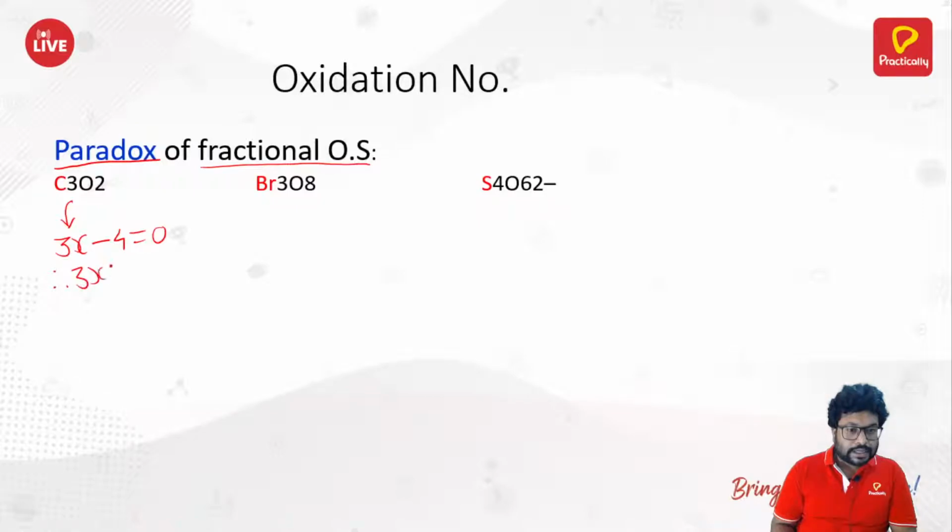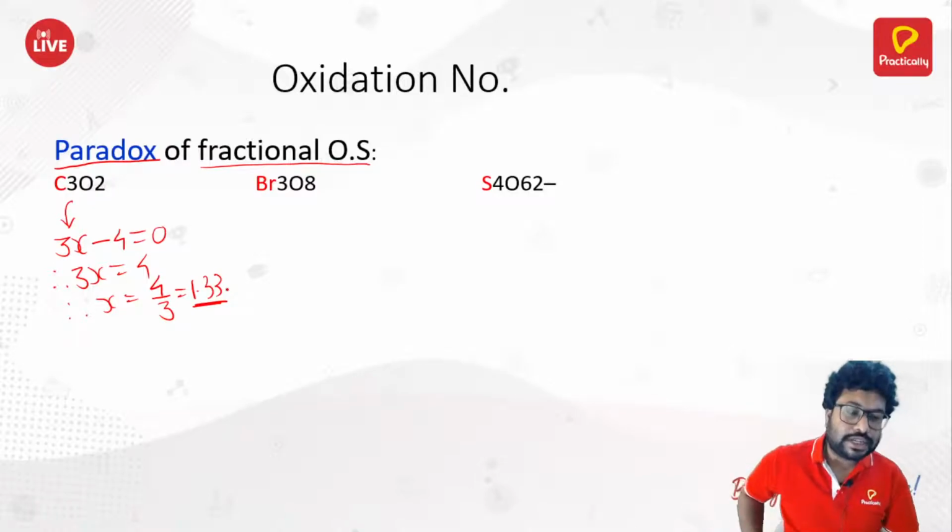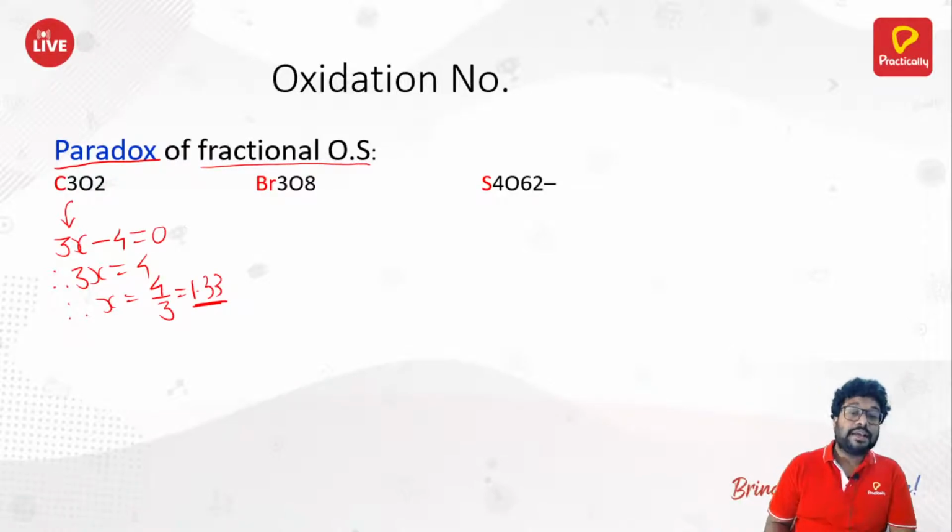Therefore, 3x is equal to 4, and x is equal to 4/3, or you can say 1.33. So that is the fractional oxidation state possessed by a single carbon atom. But the question is, is it so? No, it is not so.